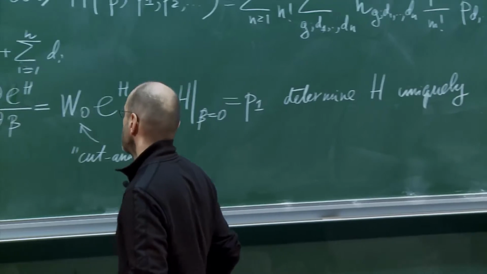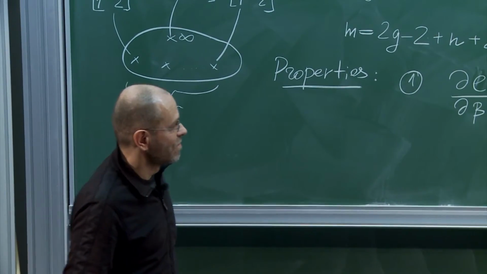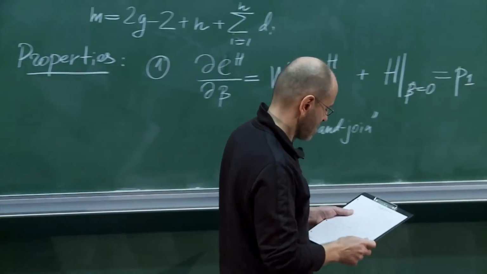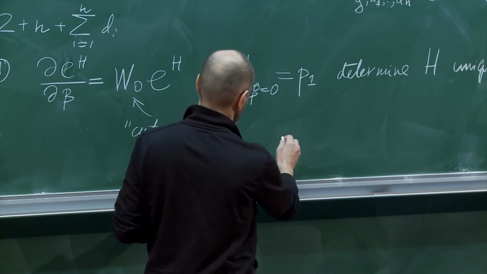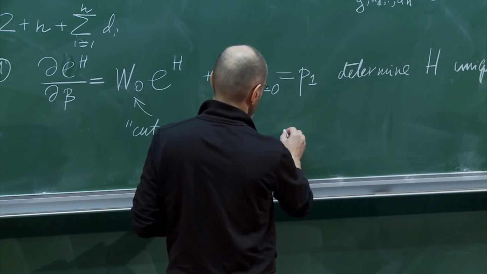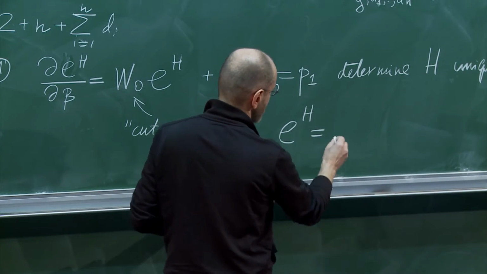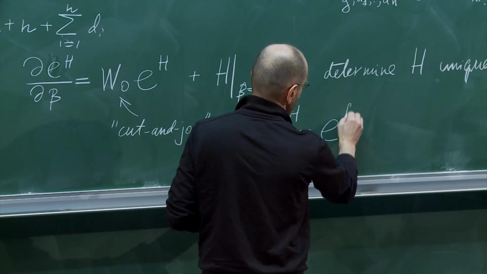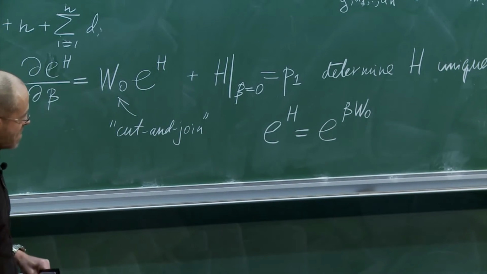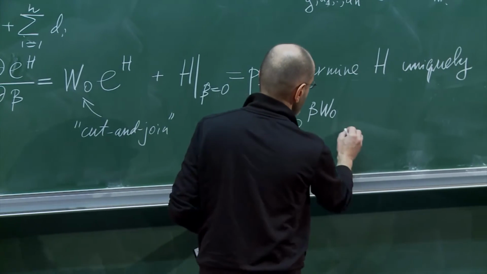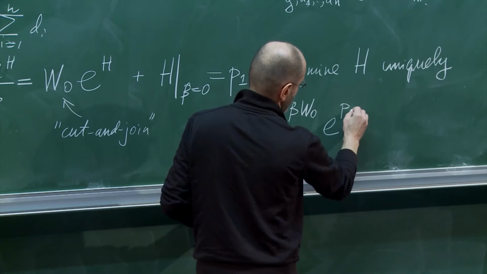So this also allows to write an explicit formula for the exponential of h, for the partition function, and this equation looks as follows. That's e to the h is equal to e to the beta times w naught, the cut and join operator, times the exponential of the initial condition, e to the p1.